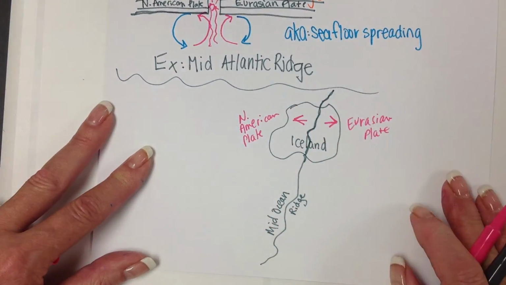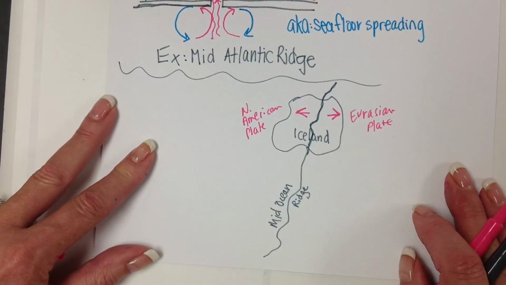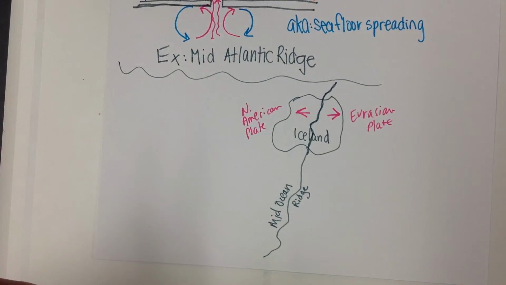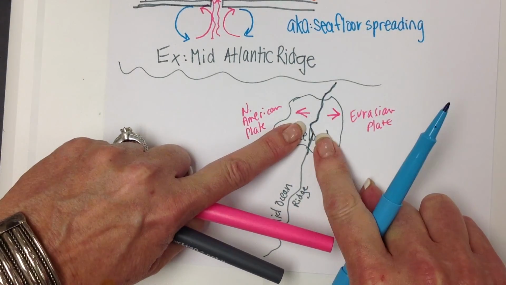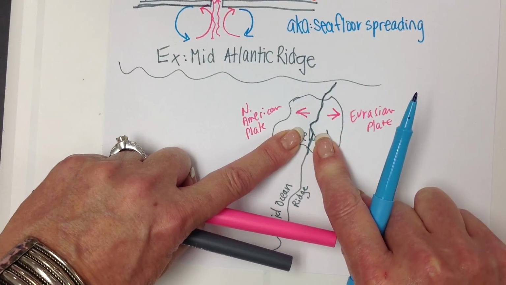So when a divergent boundary goes through a landmass such as this, what it creates on land, what we call this crack. If you were to stand there in Iceland, you can stand right here. You can have 1 foot on the Eurasian plate and 1 foot on the North American plate.